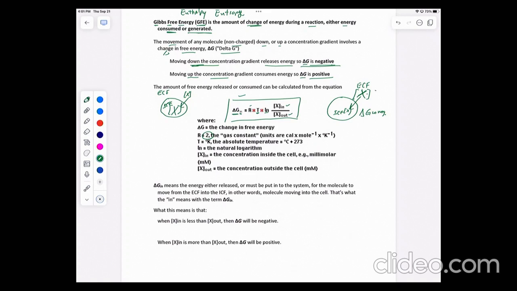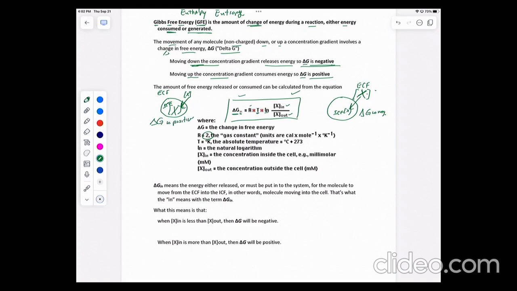Well, ask yourself the question, looking at these concentrations of X's, I want to move the X's from outside to inside, which is what this equation here is assuming. I'm assuming that I want to move the X's from outside to inside. I know by looking at this then that my delta G is going to be positive.